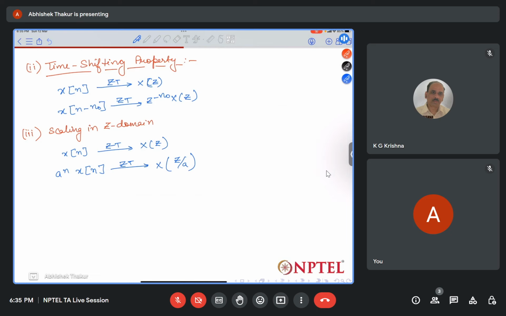In this, if the ROC is equal to R, the ROC will also scale with the magnitude of a. We can do the proof also, but I think these proofs are already done in the classroom.